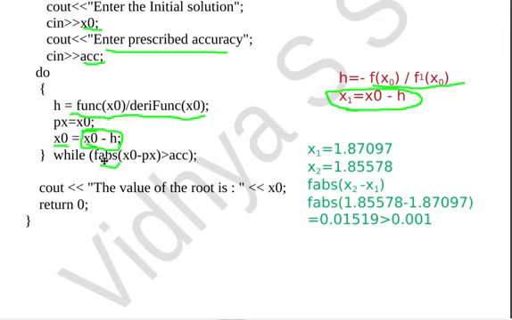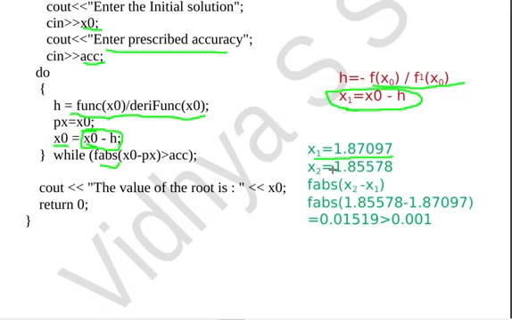Whatever the value is, it will always return a positive value. That's why I am using f absolute here. It will check with greater than accuracy. What is happening here is, from our problem, I got x1 as 1.87097 in the initial iteration and in the second iteration, the x2 value I got as 1.85578.